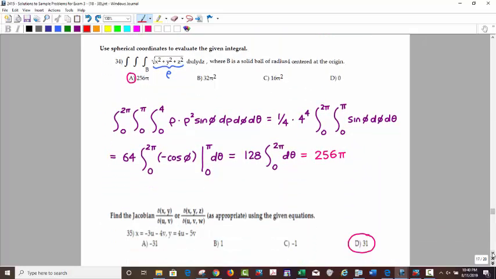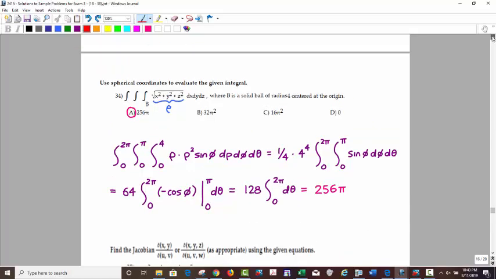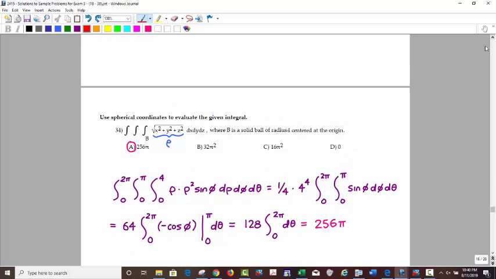Number 34, it's telling you spherical coordinates. This one's not too bad. Since x squared plus y squared plus z squared equals rho squared, the square root of it would just be rho right here. And then our standard rho squared sine phi has to go in there. It's a solid ball, meaning a sphere, of radius 4 centered at the origin.